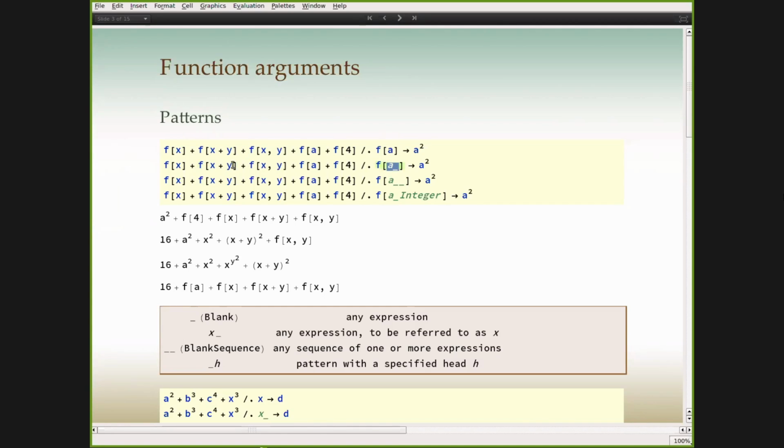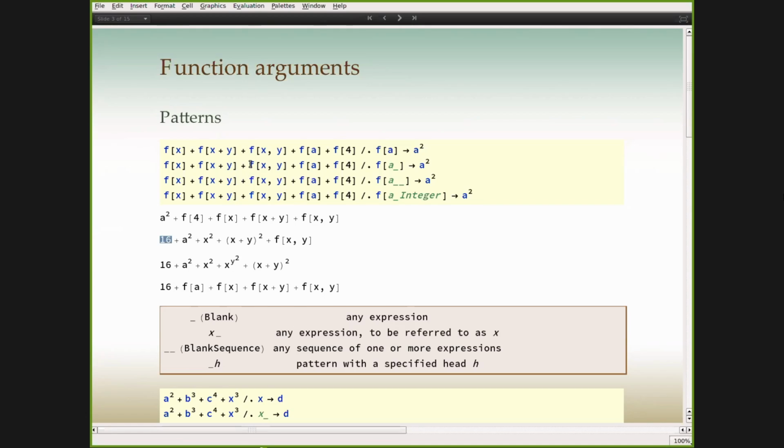So x plus y was named locally for a moment as a, and it was squared, so we have obtained x plus y squared. This numerical value 4 was also assigned to this a and squared, so we have what we should.